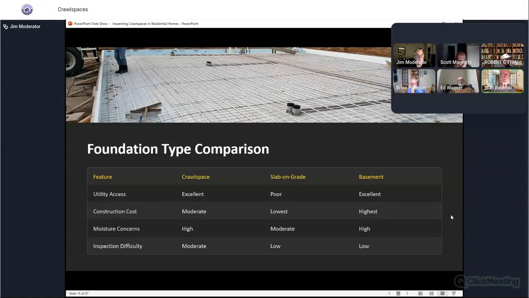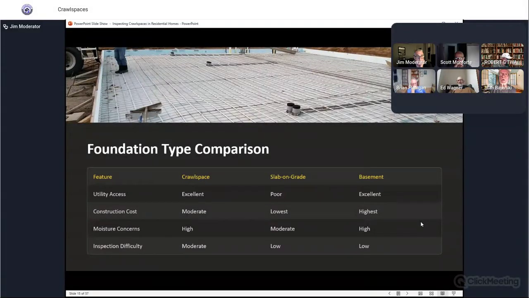Construction cost, crawl space is moderate. Slab on grade is the lowest cost. Basement is the highest. Moisture concerns, crawl space is high. Slab on grade moderate, and basement high. And inspection difficulty.